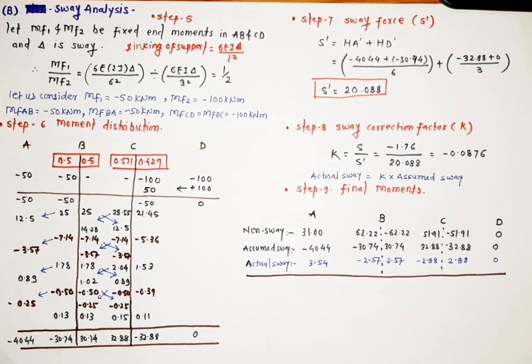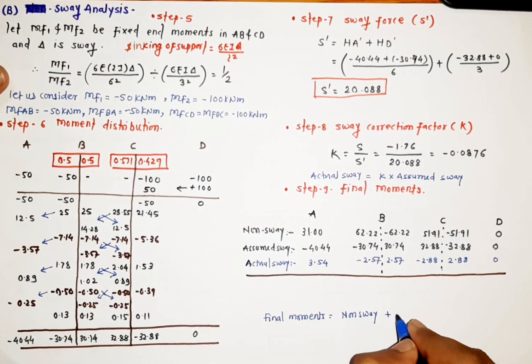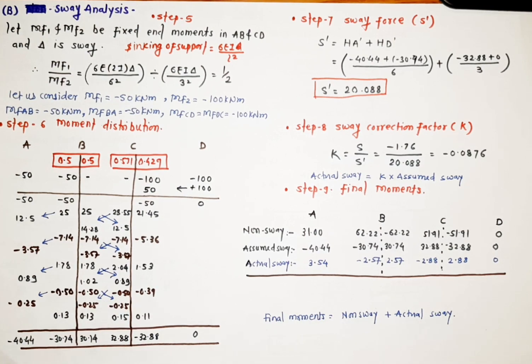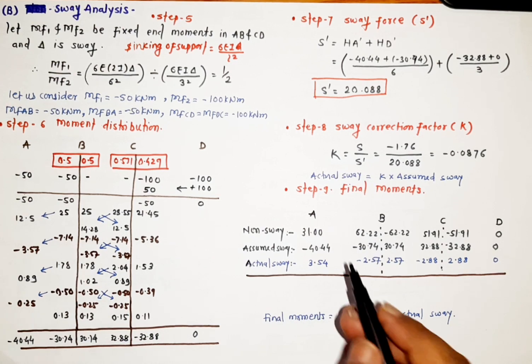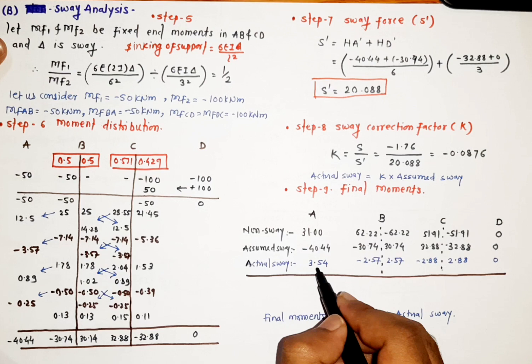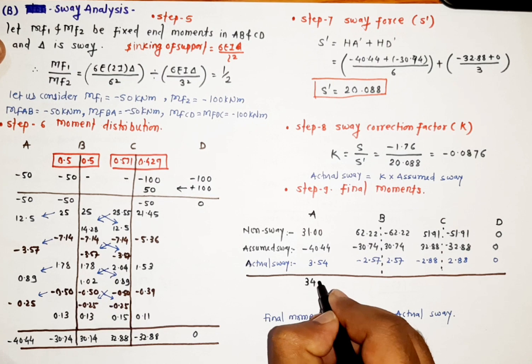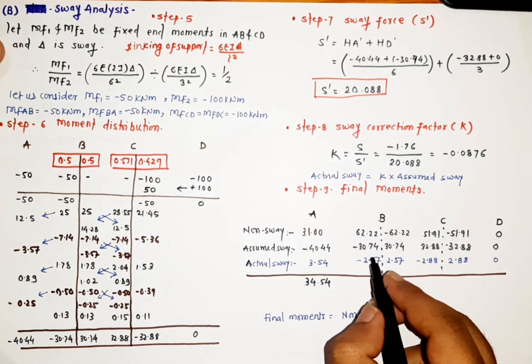So I can write down here a formula which you can remember: final moments is equal to non-sway moments plus actual sway. That is nothing but 31 plus 3.54. So ultimately it will be 34.54.